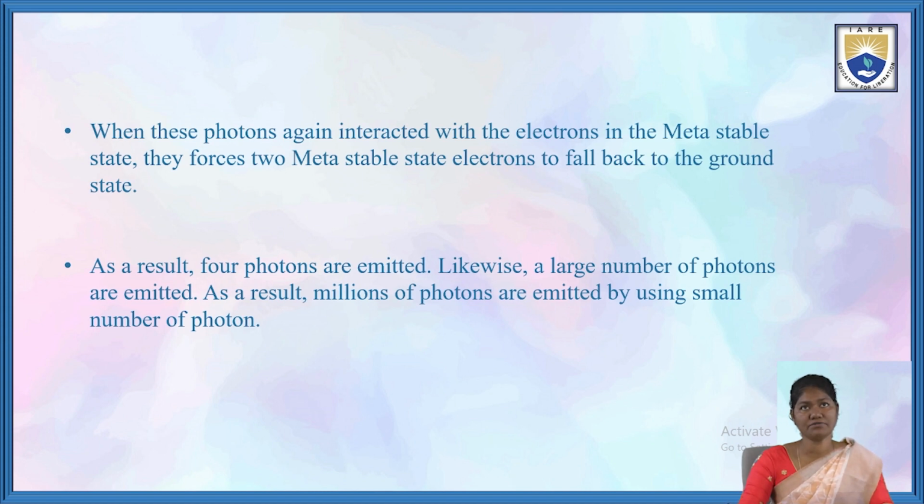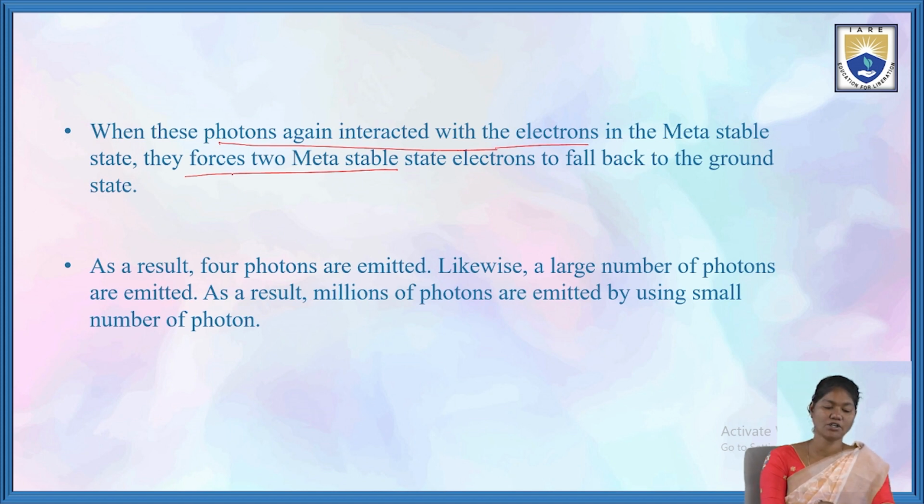These two photons, emitted by the stimulated emission, again interact with the electrons in the metastable state. They force two metastable state electrons to fall back to the ground state, because two emitted photons interact with the electrons in the metastable state.